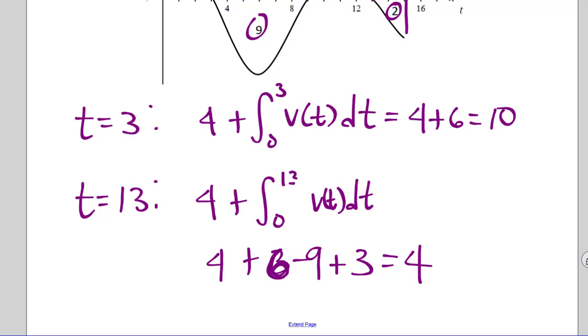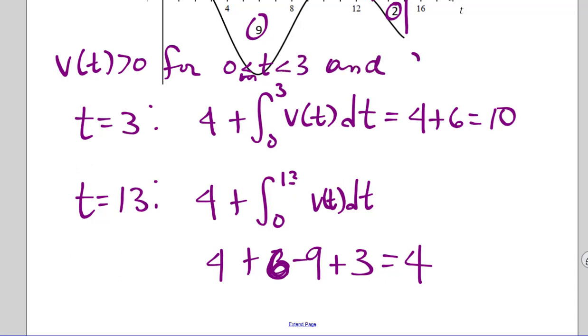This is why we chose those two. v of t is greater than 0 for 0 less than t less than 3, and 9 less than t less than 13. So these are the places where velocity was going in that direction, and so this is when we could have been farthest to the right.